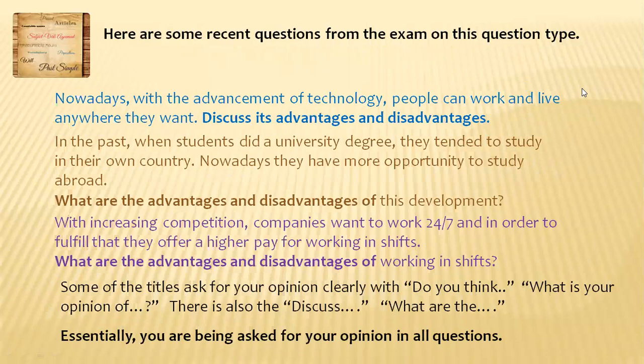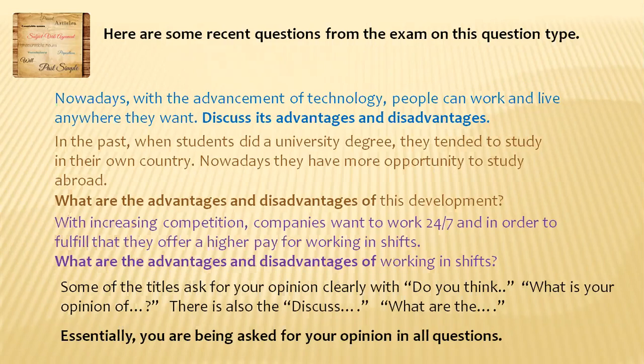Here are some recent questions from the exam on this question type. I've given 3. Nowadays, with the advancement of technology, people can work and live anywhere they want. Discuss its advantages and disadvantages. In the past, when students did a university degree, they tended to study in their own country.